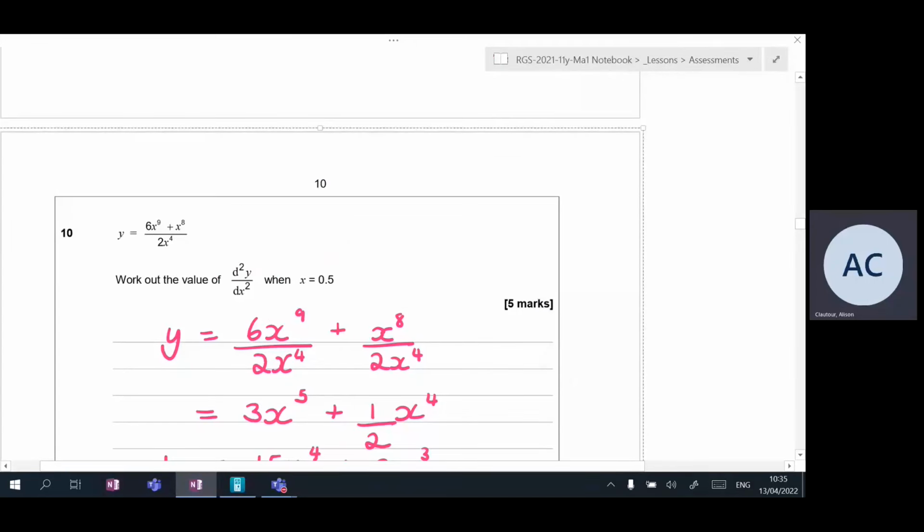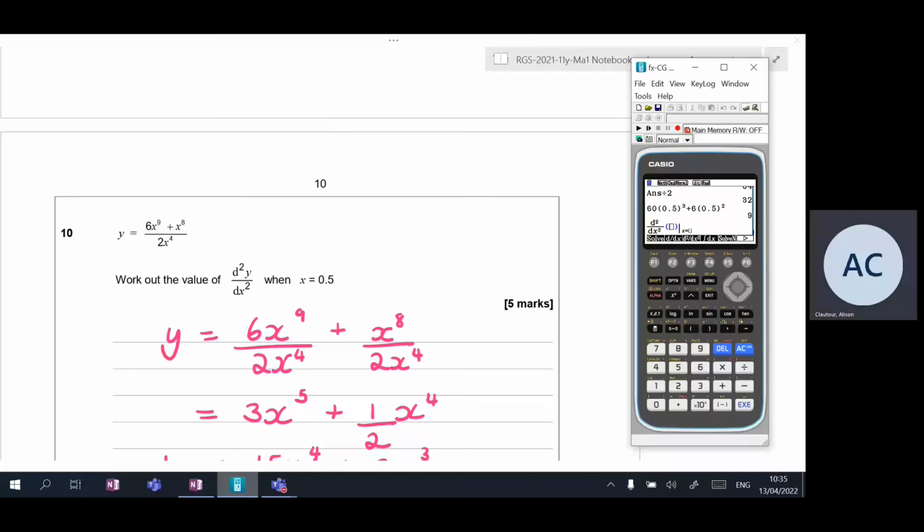We want the second derivative of, you don't have to put the simplified version in, you can put it unsimplified. So 6x to the power of 9 plus x to the power of 8 divided by 2x to the power of 4. We want that when x equals, in the little box, 0.5. Okay, and it tells you it's 9.